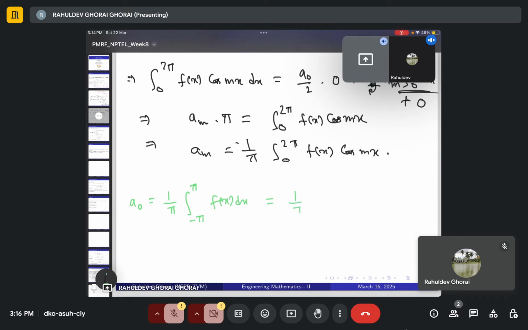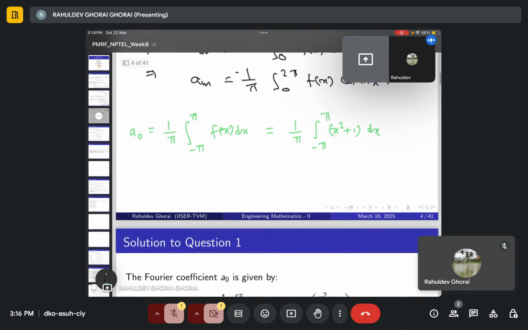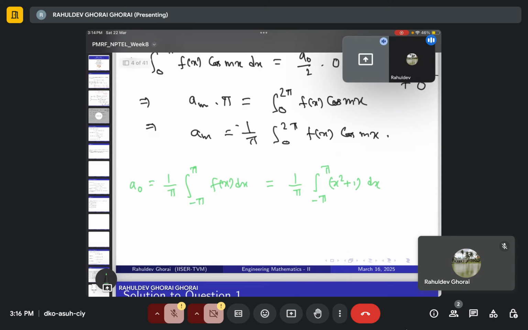Then 1 over pi times the integral from minus pi to pi of x square plus 1 dx, right? That will be 1 over pi times x cube by 3 plus x, with the limit minus pi to pi.